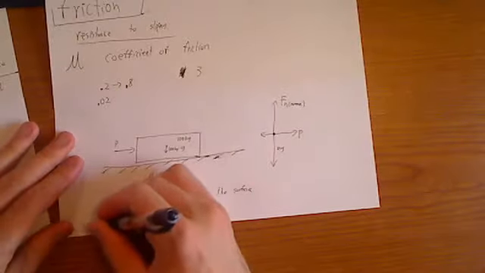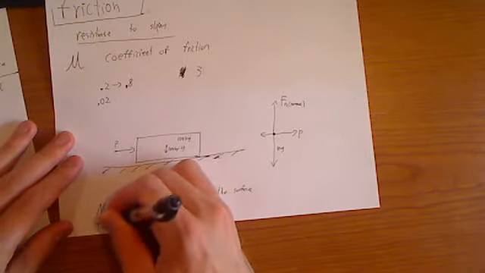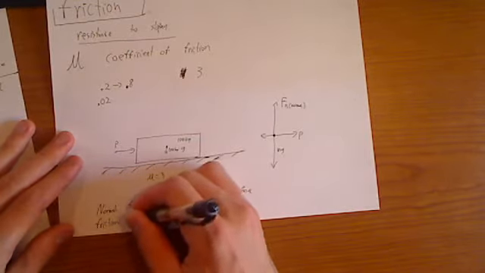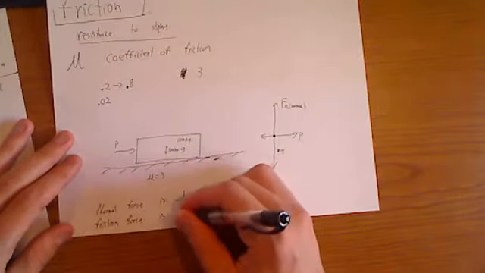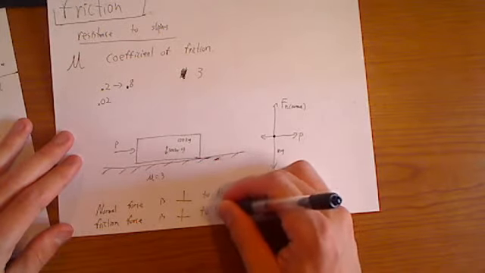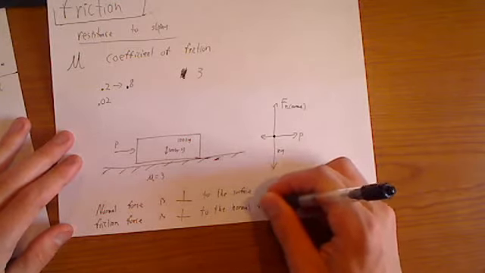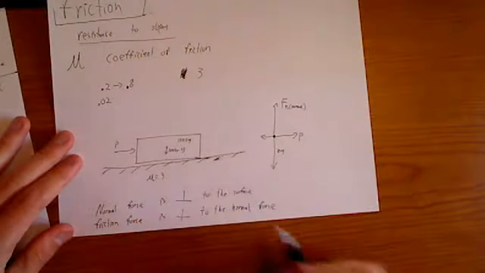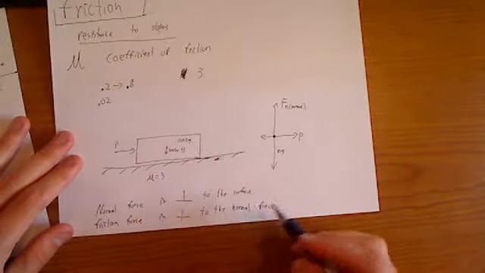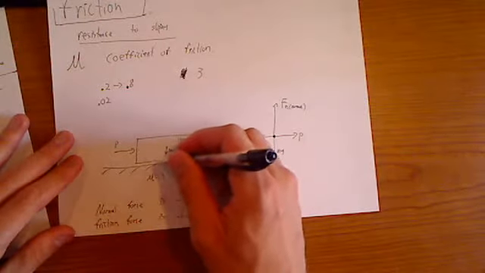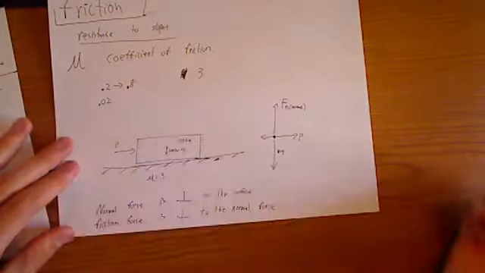Friction force is perpendicular to the normal force. What that tells you is that the friction force is always in line with the surface. It's always opposing you.